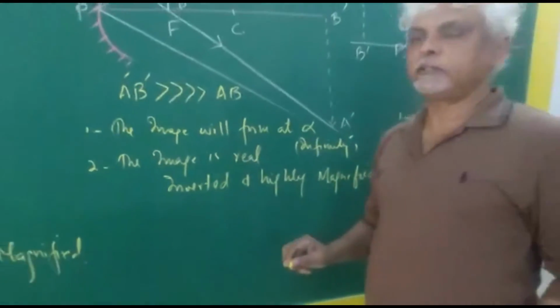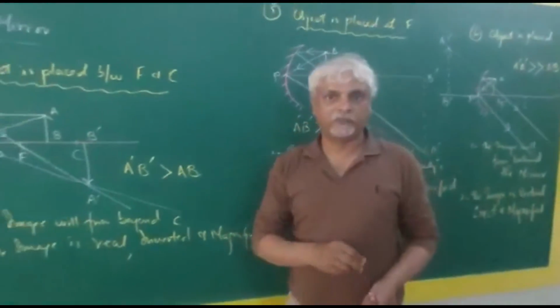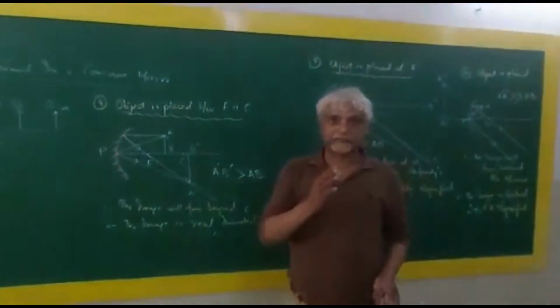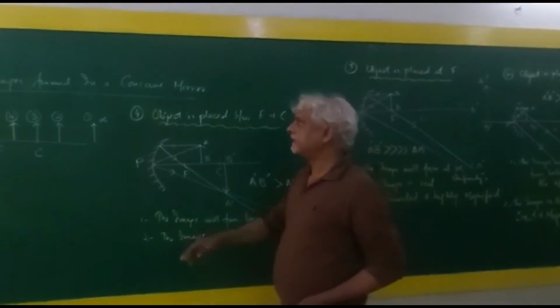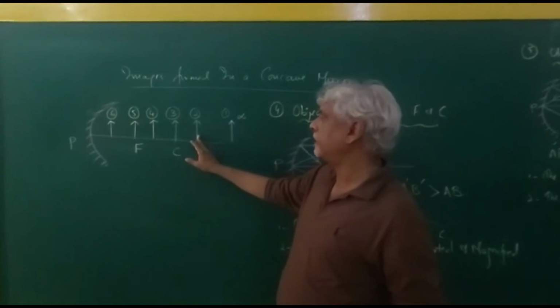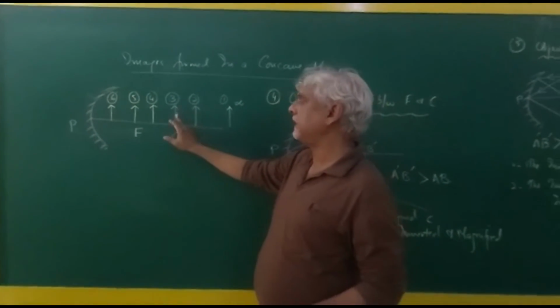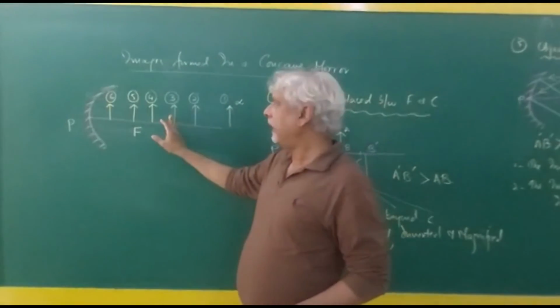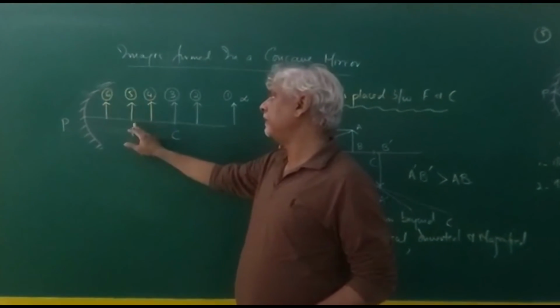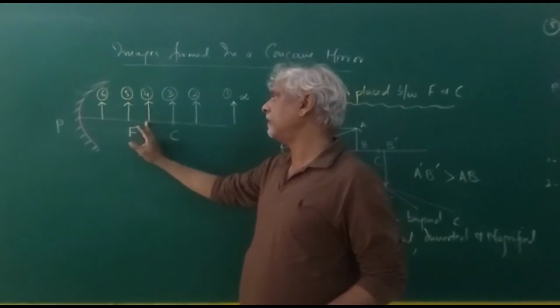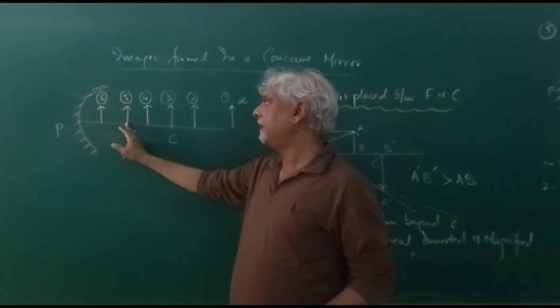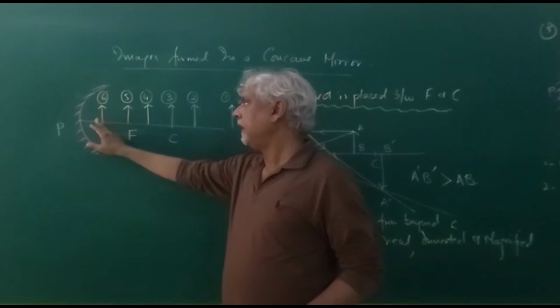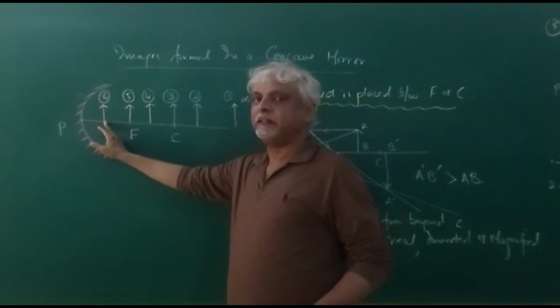I hope it is clear to you all. We discussed six cases of the object placed in front of a concave mirror: first at infinity, then beyond C, then at the center of curvature, then between the principal focus and the center of curvature, then at the principal focus, and finally between the pole and the principal focus.